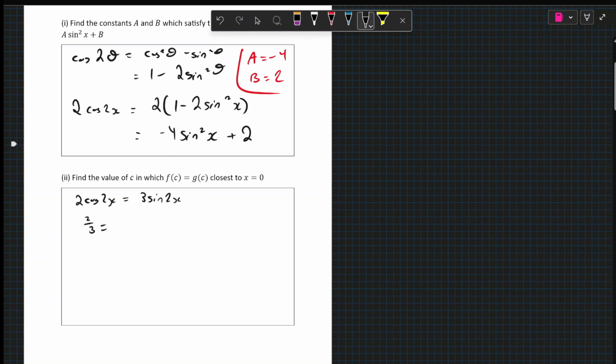Sine over cos is tan, so that we get tan of 2x. If we do tan inverse of 2/3 and then divide by 2, so 1/2 tan inverse of 2/3. We want it in radians, so I'll just retype it because I had it in degrees. 1/2 tan inverse of 2/3. So we get x is 0.29.